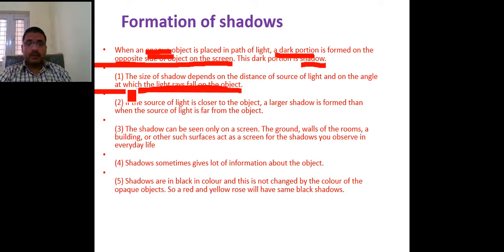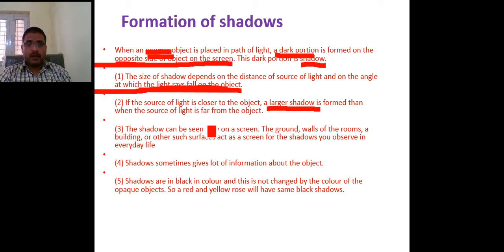And the second one, if the source of light is closer to the object, a large shadow is formed, whereas if the light is farther from the object, a small shadow is formed.